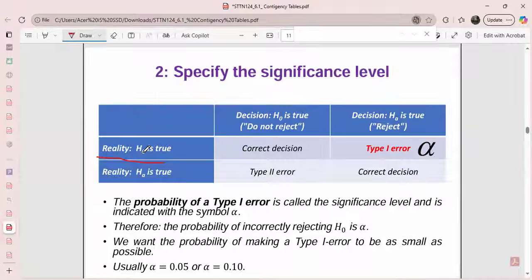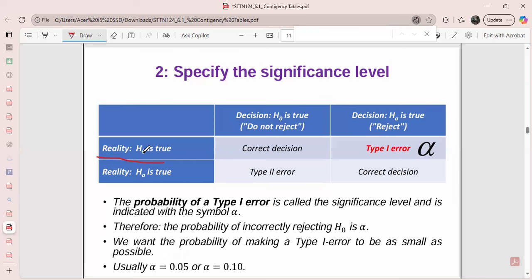It means that we are dealing with what we call the type 1 error, because they can ask you about type 1 and type 2 error. But under the reality, if the alternative hypothesis is true and our decision is that we do not reject the H0. Please be careful of this.